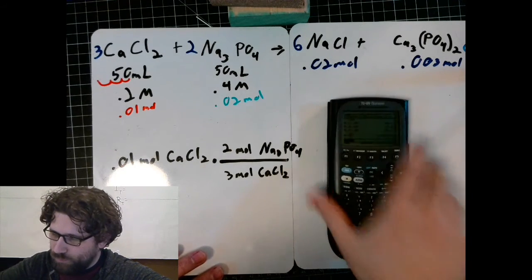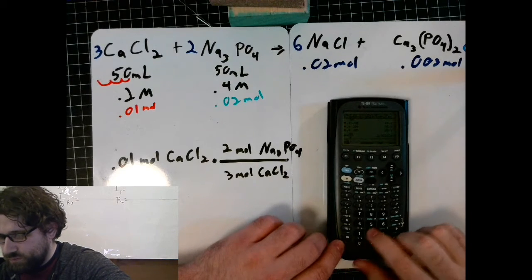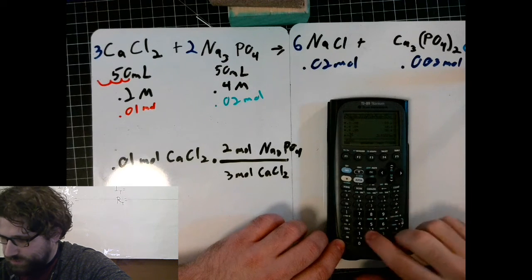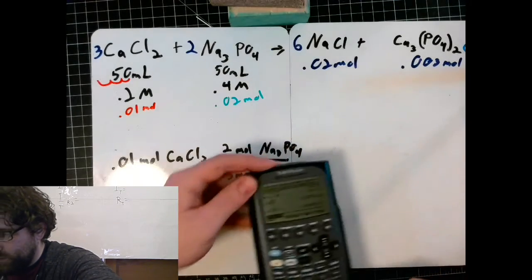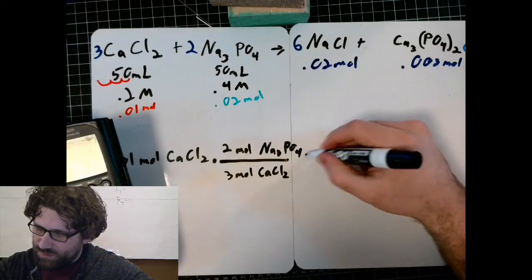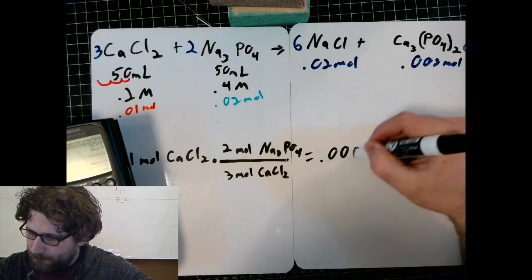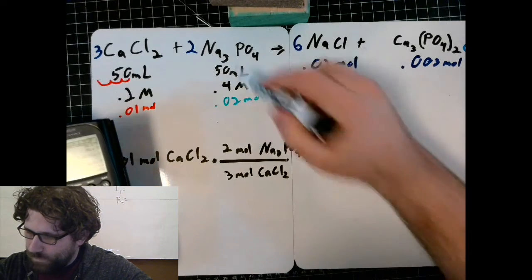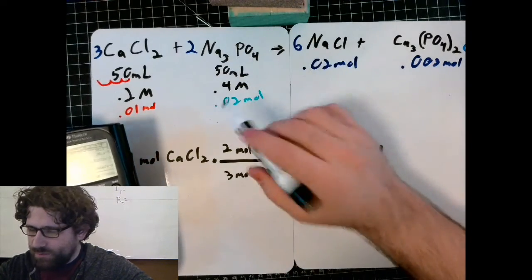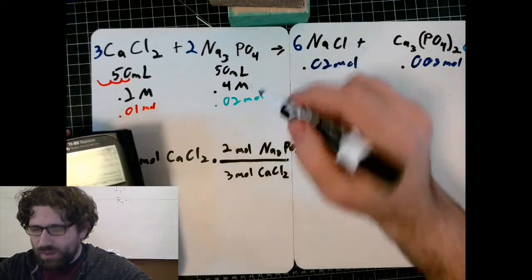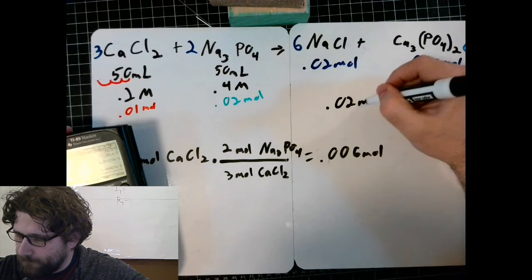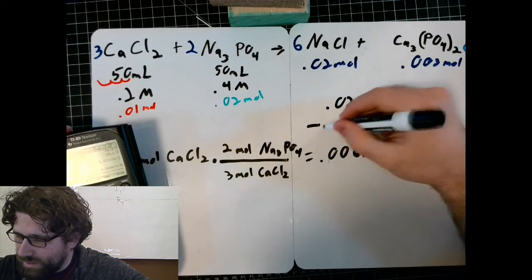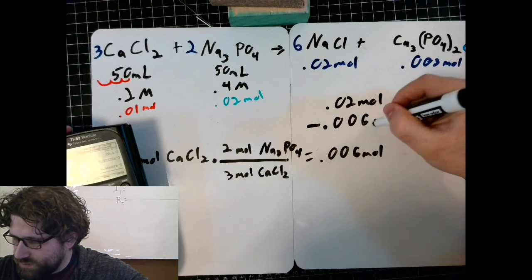Let's go ahead and do that. 0.01 times 2 divided by 3 gives me 0.006. So that's how many moles of this got used up. And I started with 0.02. So if I want to figure out how many are left, I'm going to take 0.02 moles minus 0.006 moles.